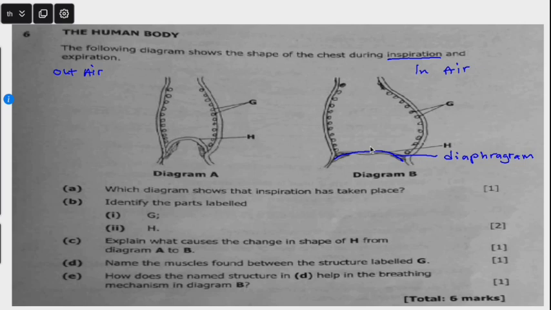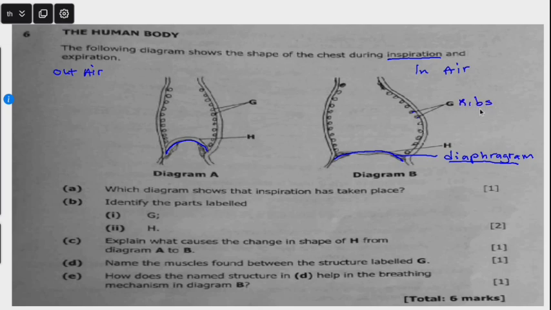Then during expiration, what is happening to the diaphragm? It is contracting. So H is called the diaphragm, which I have written here. And these are called the ribs, or intercostal.